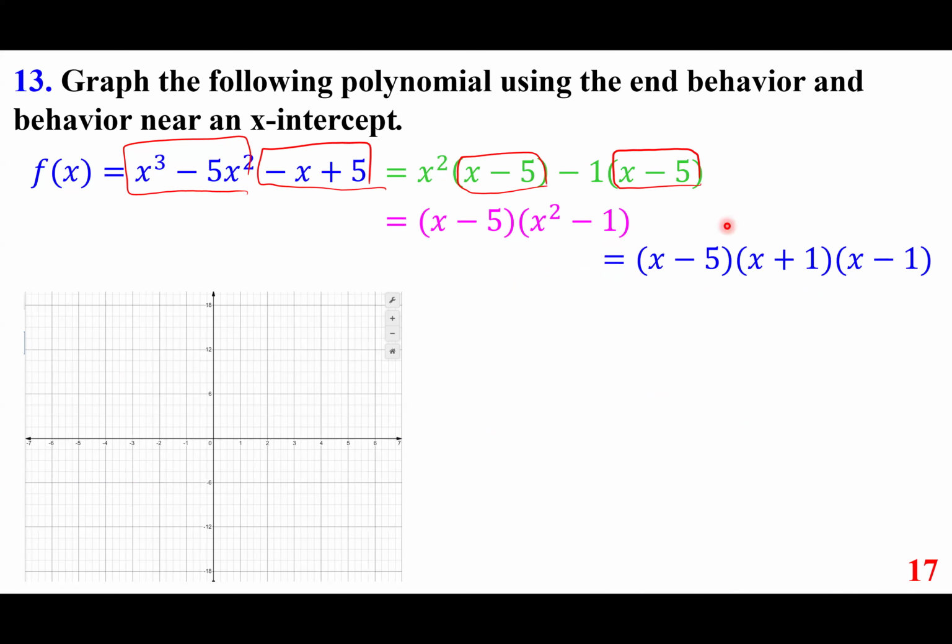Notice this one has exponent 1. No exponent means exponent 1. Same thing here, same thing here. So all of them have multiplicity equal to 1. As the exponent sum is 3, there must be 3 zeros, and there are.